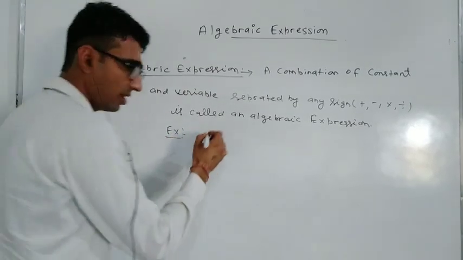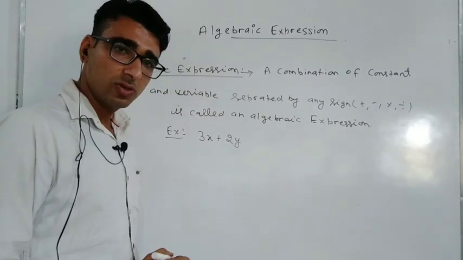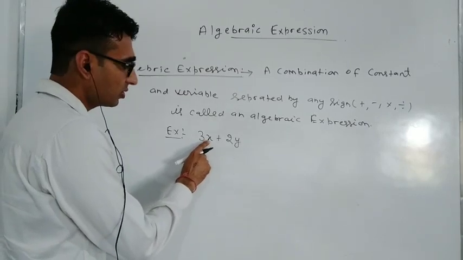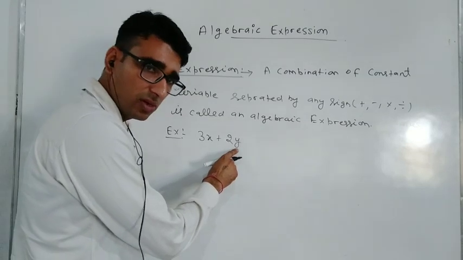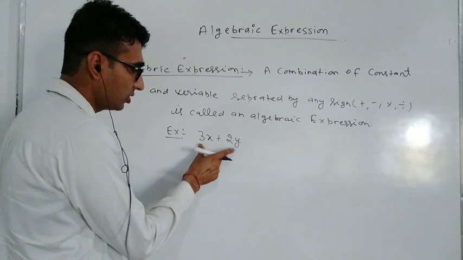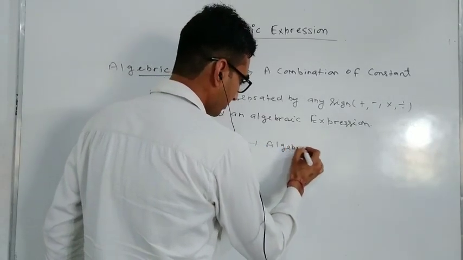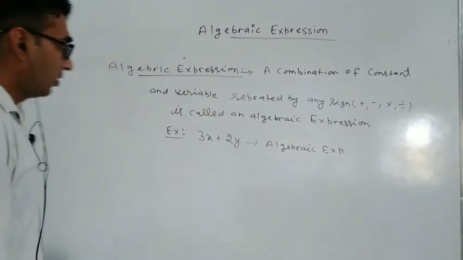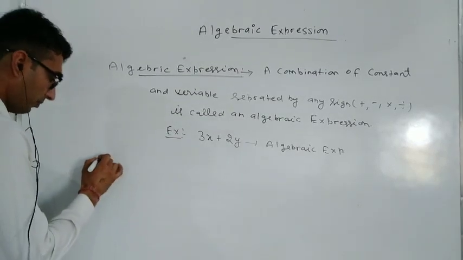For an example, if I write 3x plus 2y, so here we have the combination of constant and variable, separated by a sign plus. So this is called an algebraic expression. Okay, beta. Now come to the next point, that is called term.